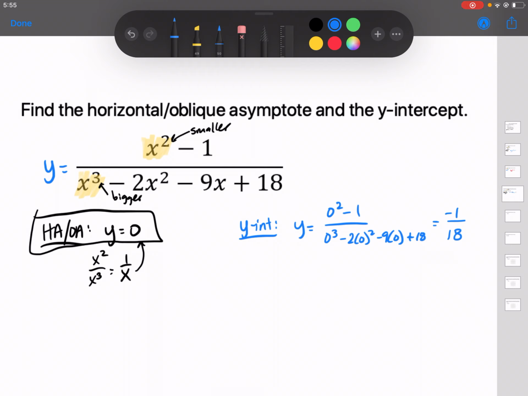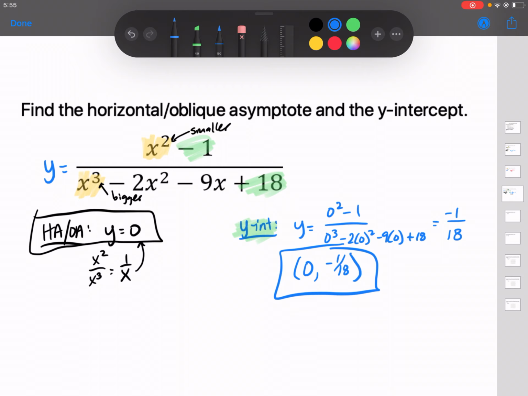So the constant of the numerator over the constant of the denominator will tell you your y-intercept, just so you know. So our y-intercept is at negative 1/18. So we put 0 in for x, and then we have negative 1/18, like so.